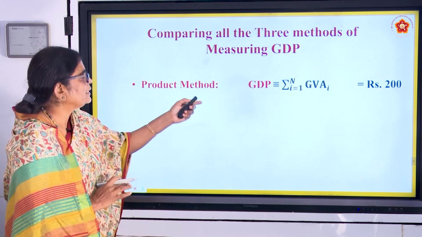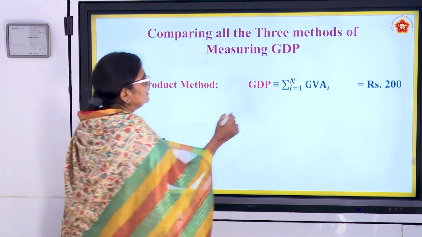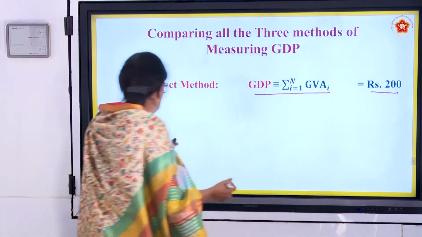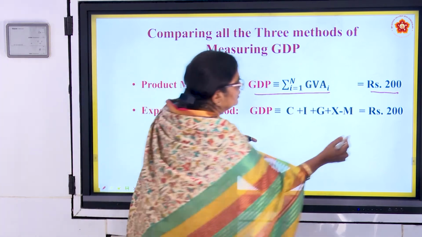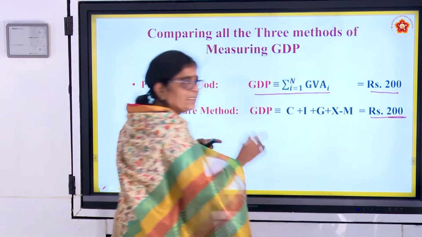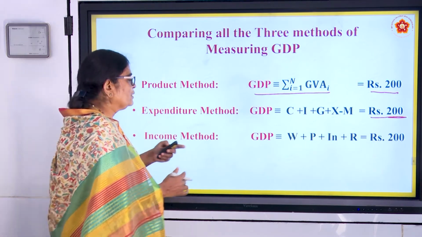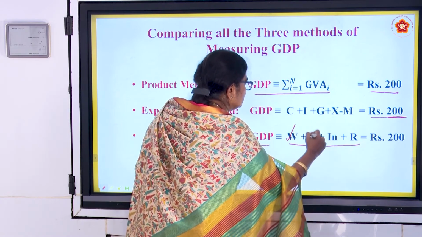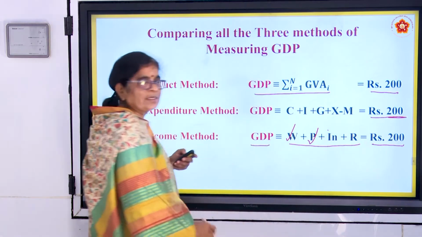In the product method, according to our calculation from the previous slides, GDP is equal to 200. In the expenditure method we also proved the consumption expenditure was 200. And in the income method we have seen the factor payments, wages and profit, are again 200.